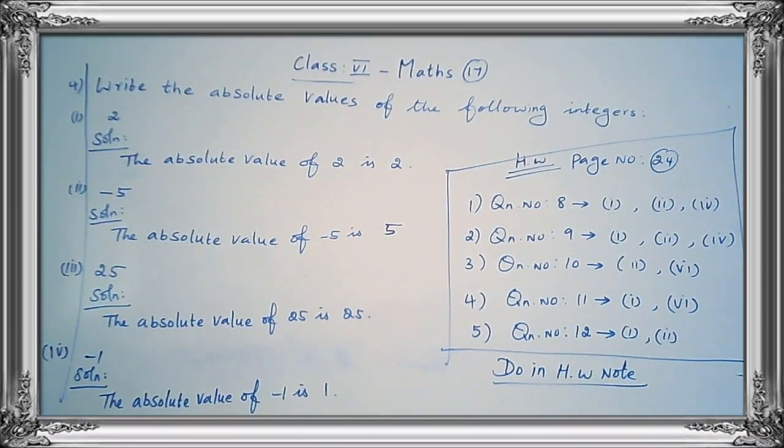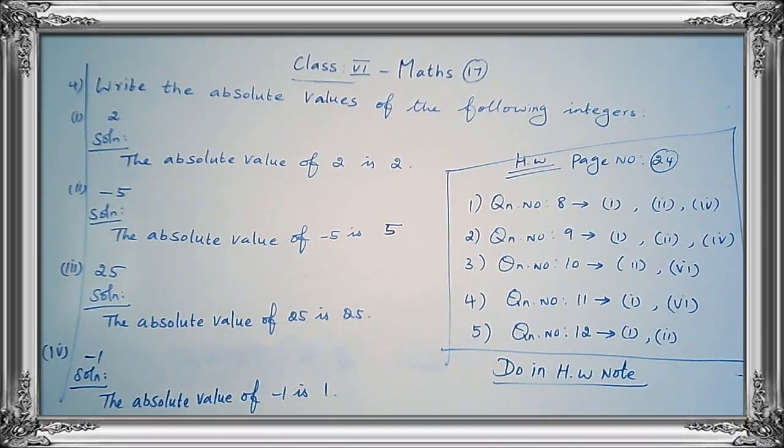Question number 12, you see the first one. Write 5 negative integers greater than -8. What is given? Write 5 negative integers. Negative integers we need, okay? But greater than -8. How many integers greater than -8 do we need? 5 negative integers.